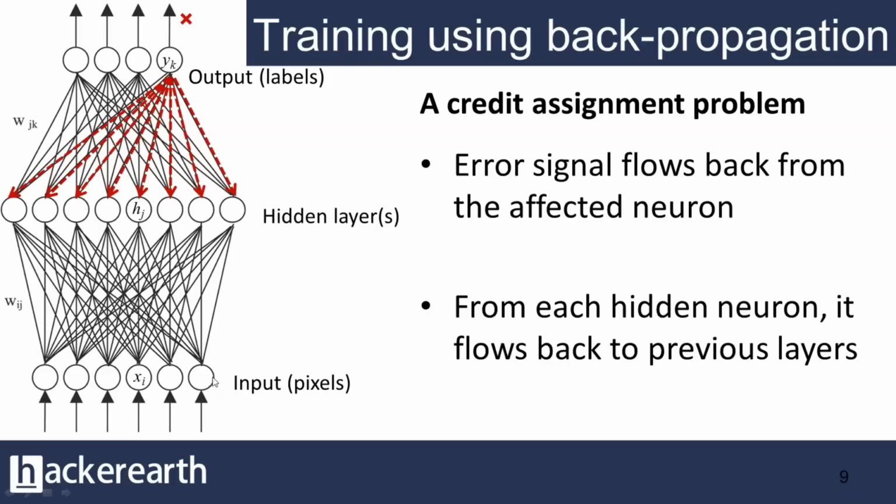Why it is called back-propagated is because when you give the input down below here, then it is forward propagated to the hidden nodes and then forward propagated to the output nodes. But when the output node doesn't perform well, that error is fed back from the output node to the hidden nodes, and then from hidden nodes to the input nodes. But when it passes through these weights, these connections, these lines, it changes the weights.